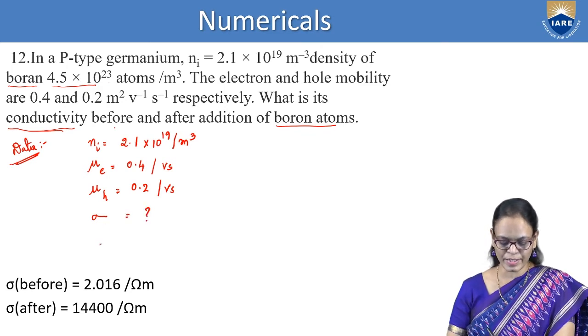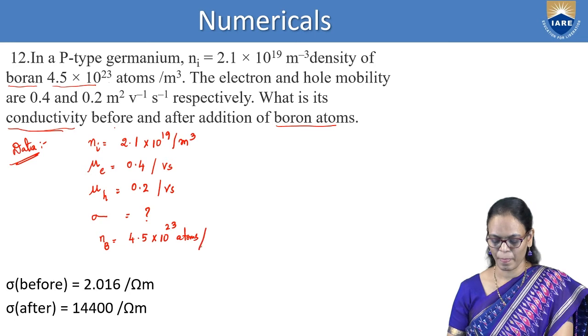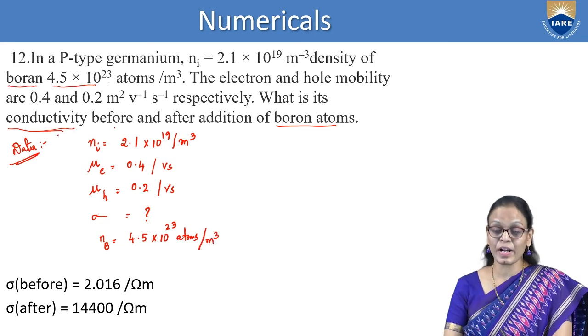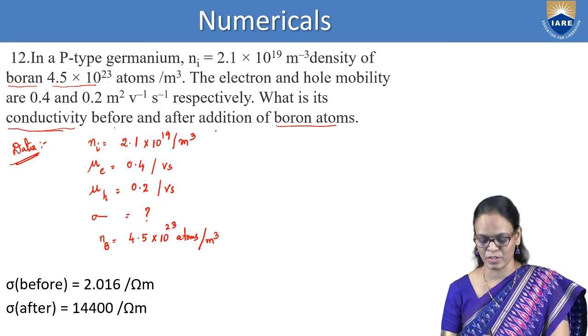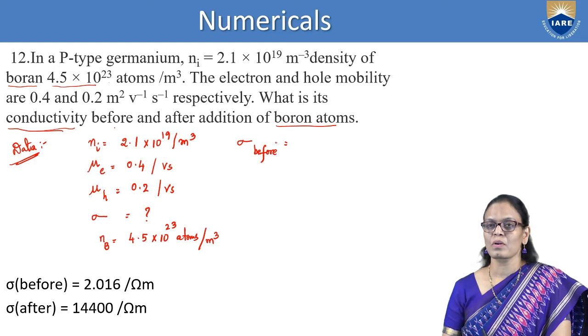Now the density of boron atoms, Nb, I will write, is 4.5 into 10 to the power of 23 atoms per meter cube. We have to find the conductivity before and after. First we will find sigma before. So what is the formula?